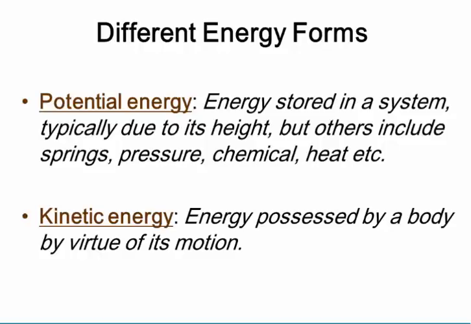Potential energy is energy stored in a system, typically due to its height or to an internal source such as a compressed spring, a pressurized vessel, or chemical energy, i.e. we can burn it, or we're maintaining heat inside. All that energy is stored and it has the potential to do work.